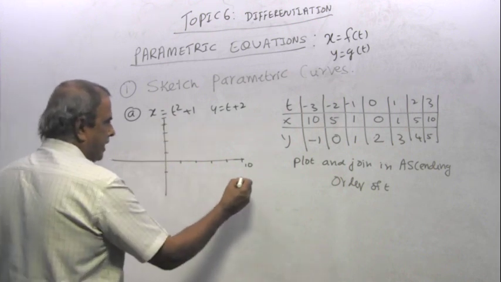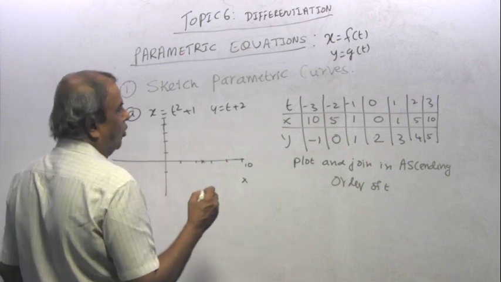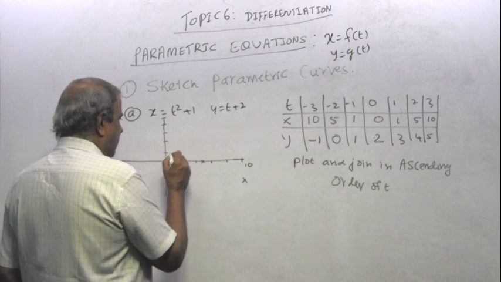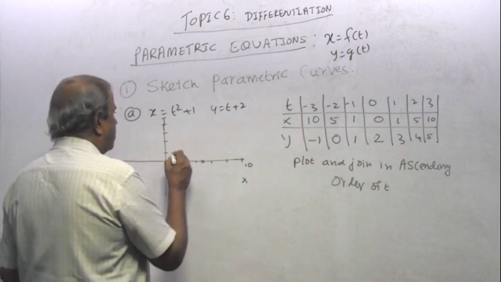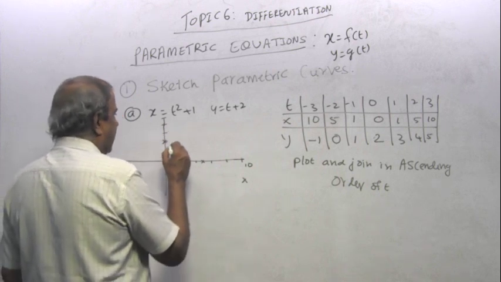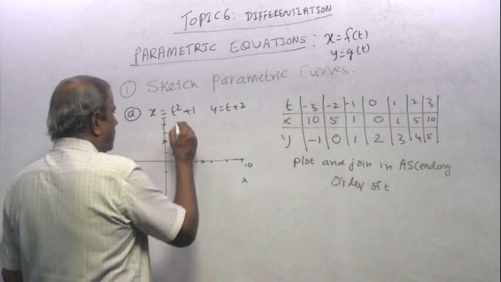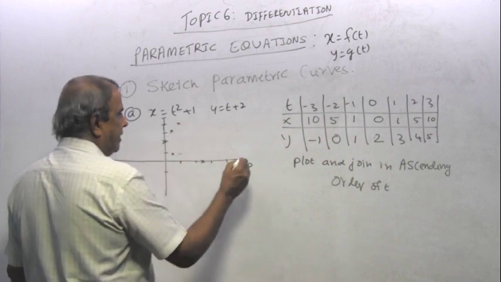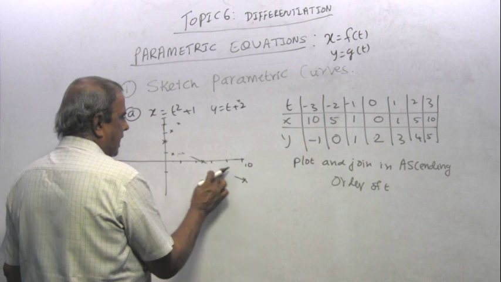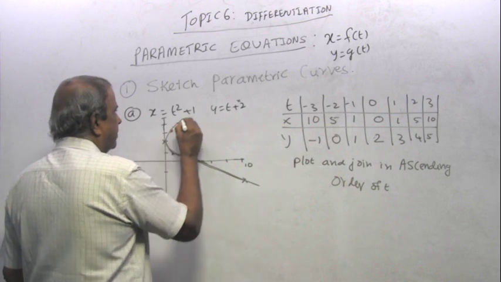Okay? 10 and -1, 5 and 0, 2 and 1, 1 and 1, 0 and 2, then 1 and 3, and then 2 and 4, and then 10 and 5, somewhere there. So roughly the graph is like this.